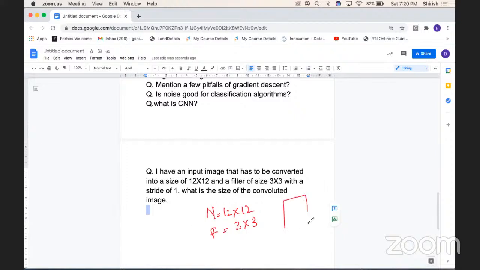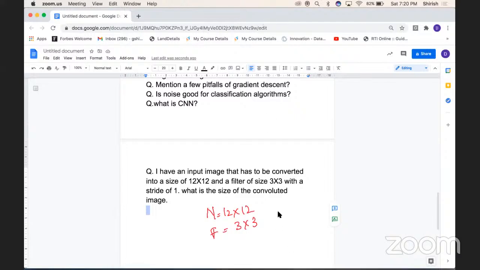So 12 by 12 means this is the size, friends: 1, 2, 3, 4, 5, 6, like that I'll have 12 lines, right? The 12 by 12 image I have. For that I am applying a filter of 3 by 3.